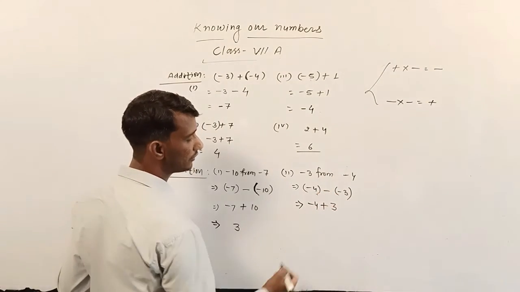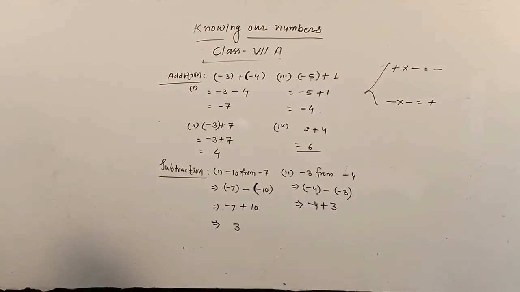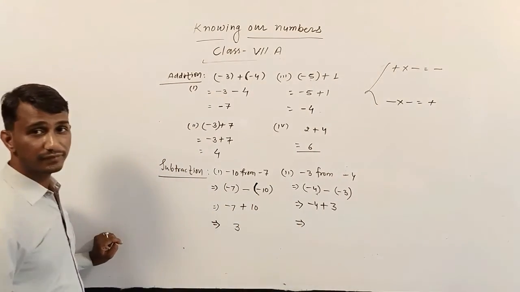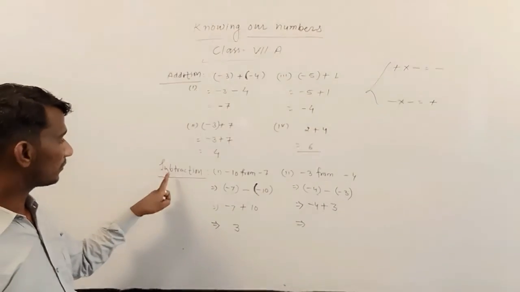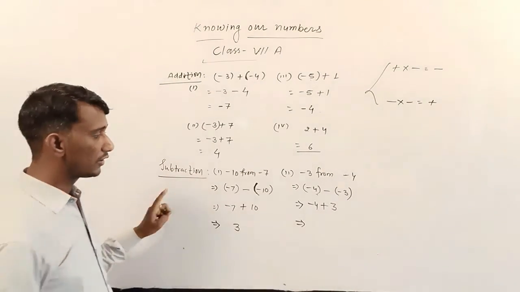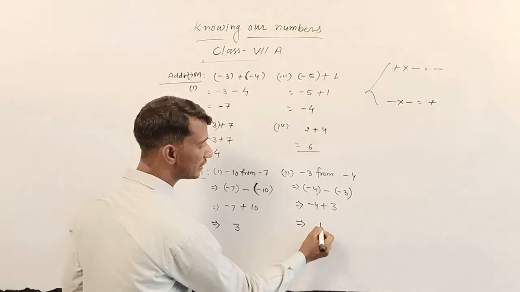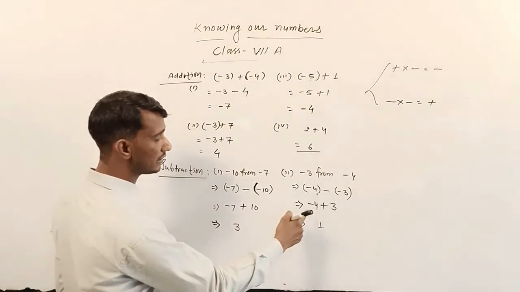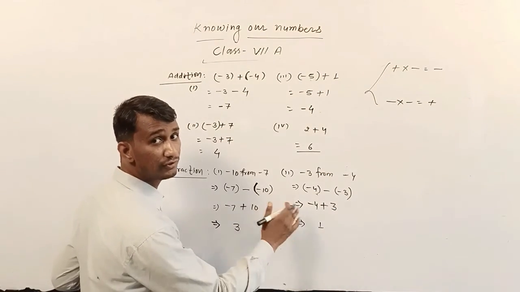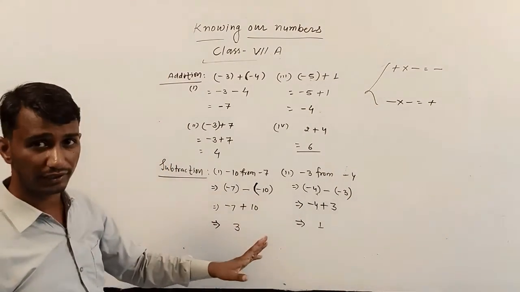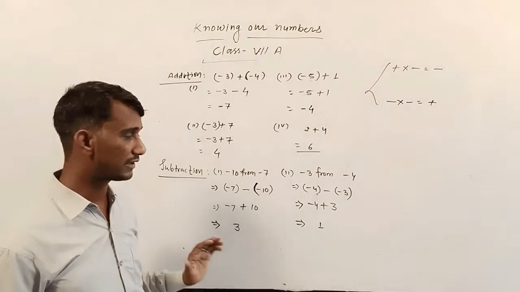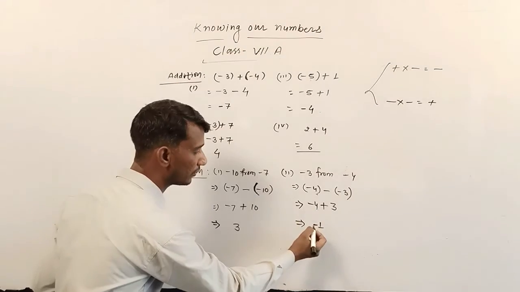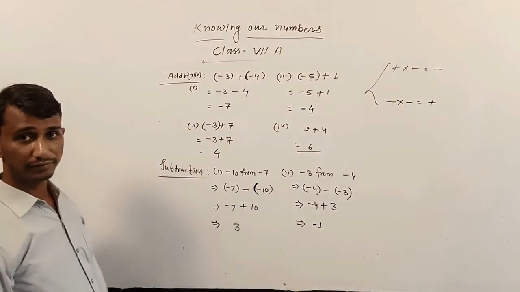Positive sign, and then you write plus 3. Now again, both numbers have different signs, positive and negative, so we apply subtraction. 4 minus 3, directly you subtract, 1, and put the sign according to the larger number. So here minus 4, 4 has a negative sign, so according to 4 you write the minus.